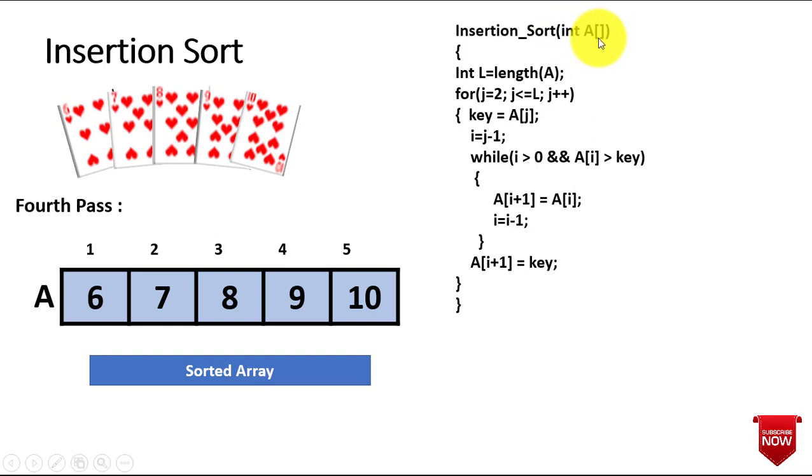So it is sorting the whole array in the already used space. So only it is taking L, J and I. It does not require more memory to sort the array. It is using the space already used by the array. So no other memory is required. So it is an in place sorting.